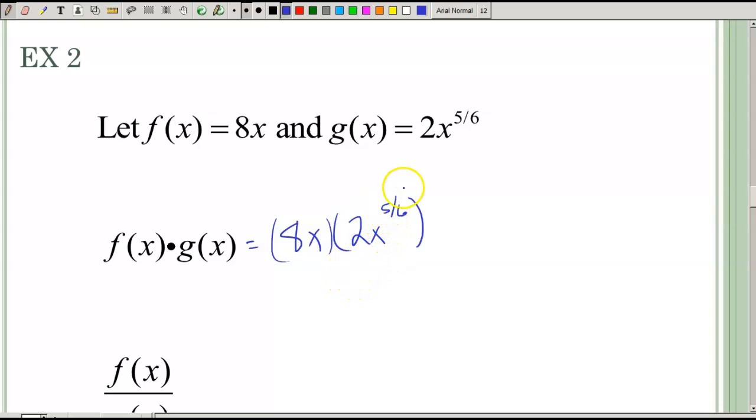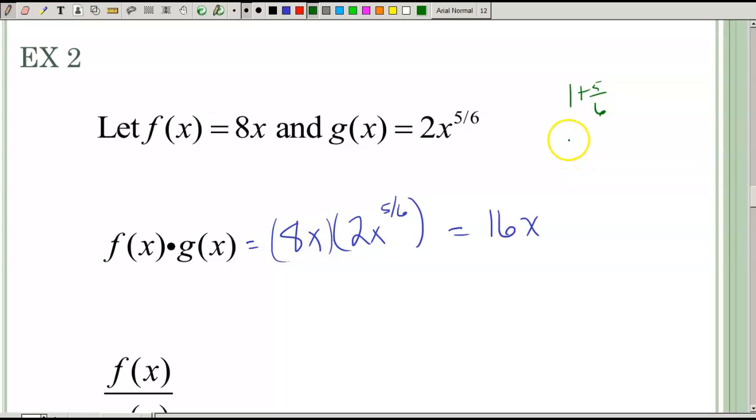Now we're going to try to simplify this expression right here, and we can use exponent properties to finish this. I know that 8 times 2 is 16. And I know that x times x to the 5/6 is going to be x to the, and I'm going to add these exponents. The exponents are 1 and 5/6.